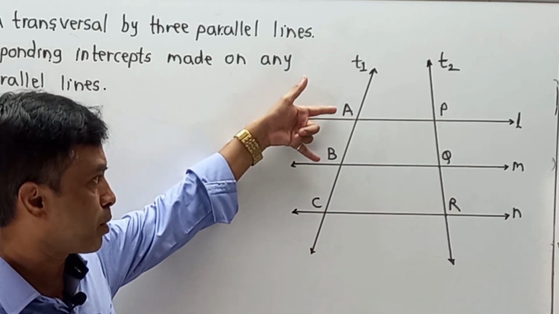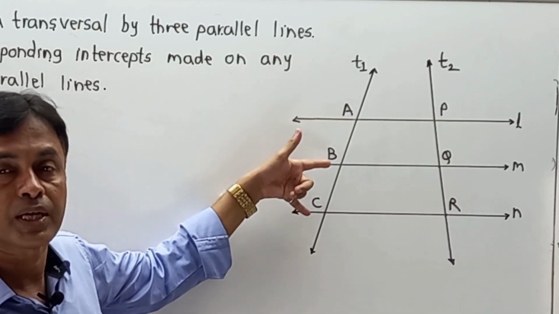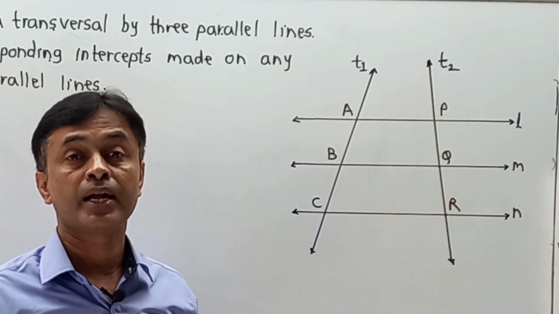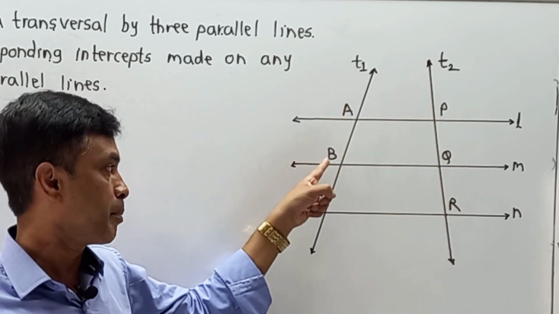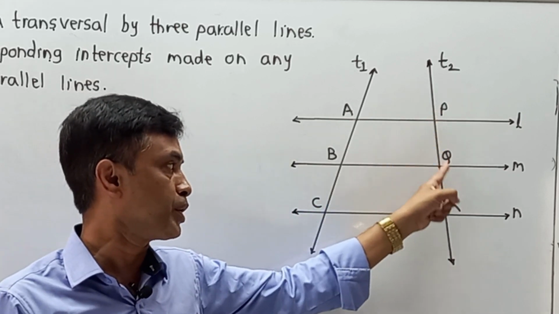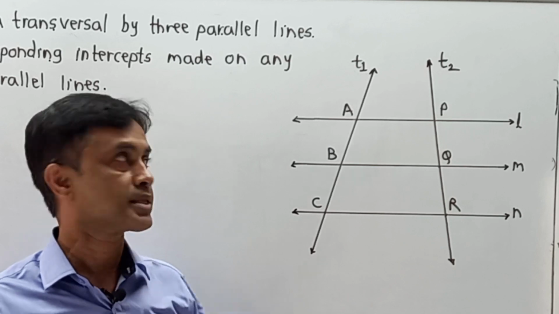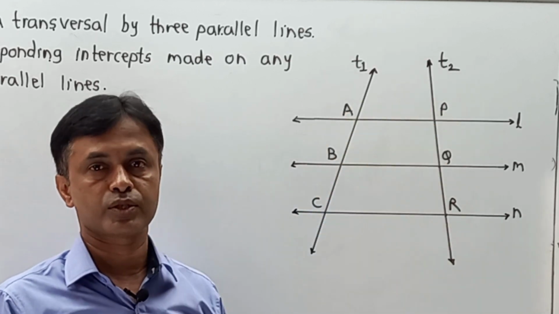Means one ratio is formed AB is to BC, the second ratio on the transversal is PQ is to QR, and then we have to prove that AB upon BC is equal to PQ upon QR if lines L, M, N are parallel lines and T1 and T2 are the transversals.